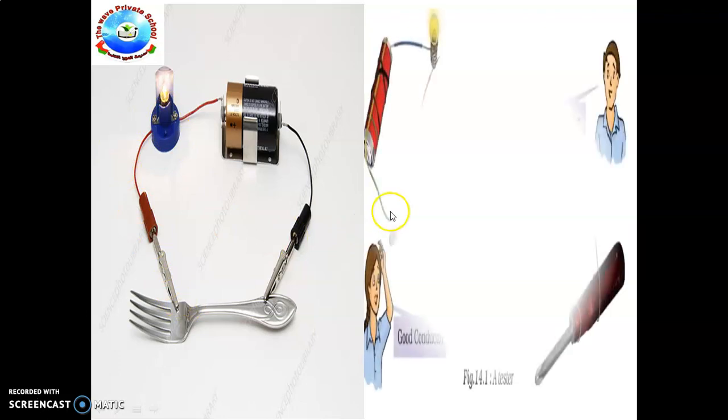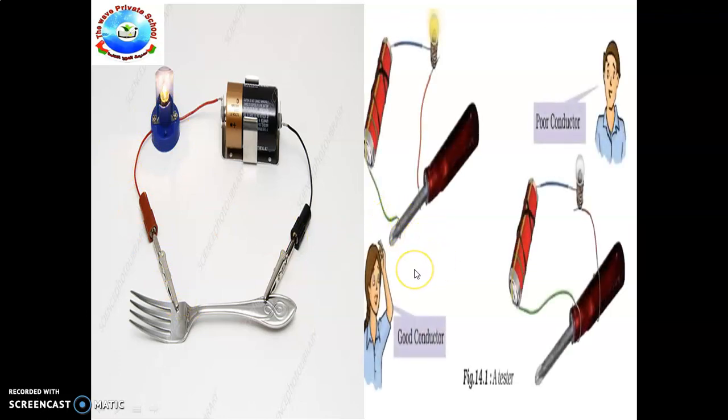Here you can see the picture. In the circuit we have placed a screwdriver. In the first one we attach the connectors to the metal rod of the screwdriver, and you can see the light bulb is lit.